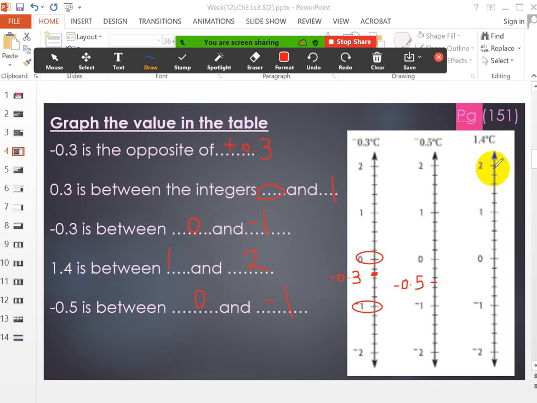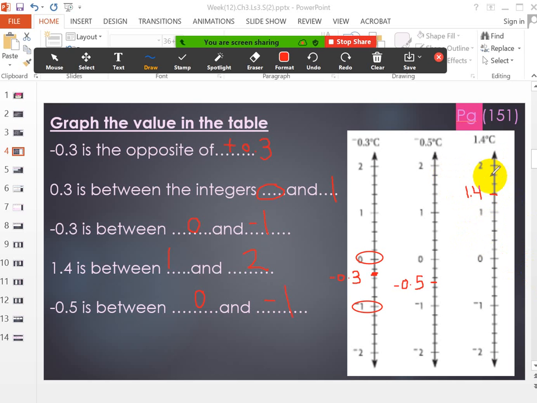The number line here is divided into 5 parts. That means we will start with 1.2 here, then 1.4 right here. This is 1.4. Exactly, yes, on this small line. Okay, Tolene, you understand, very good.